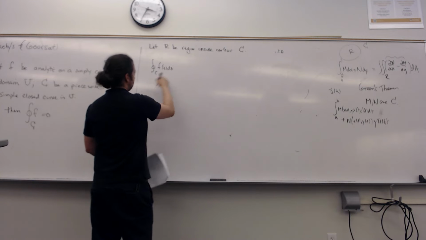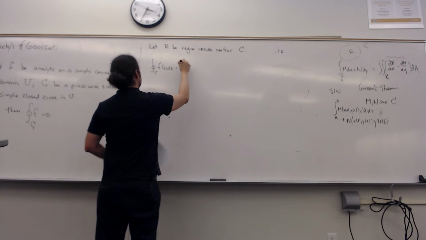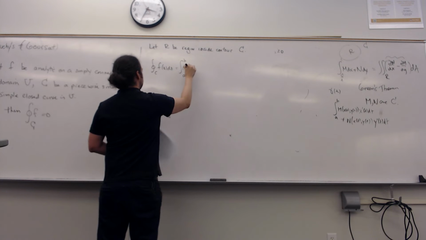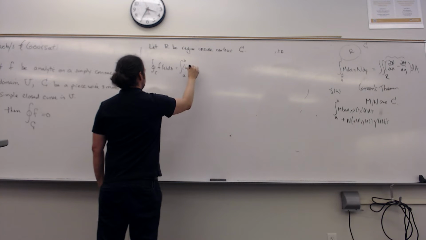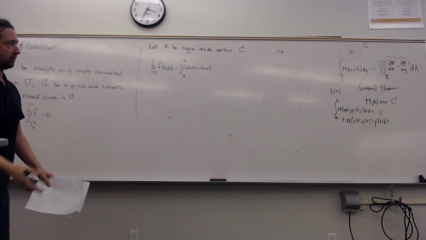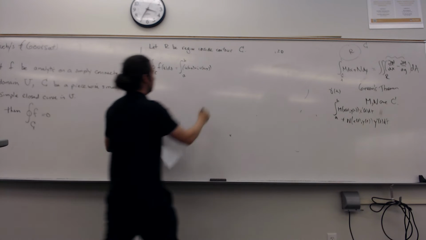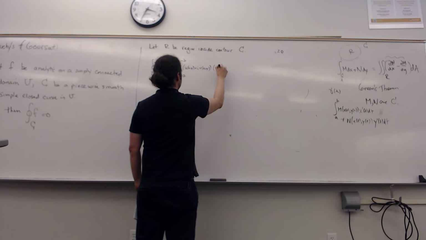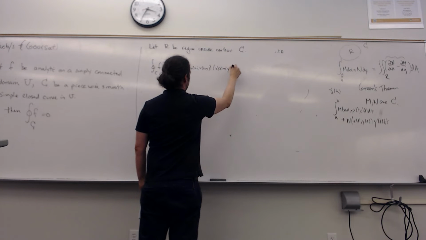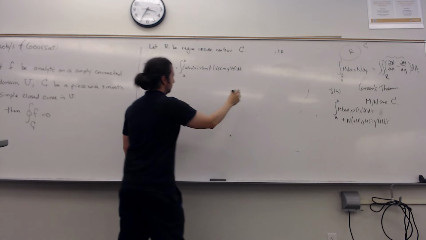If I picked a parameterization of the curve, that means I could write this as the integral from a to b of u of x and y plus i v of x and y. So I write f in terms of its real and imaginary part. And then dz, that's x prime of t plus i times y prime of t dt.